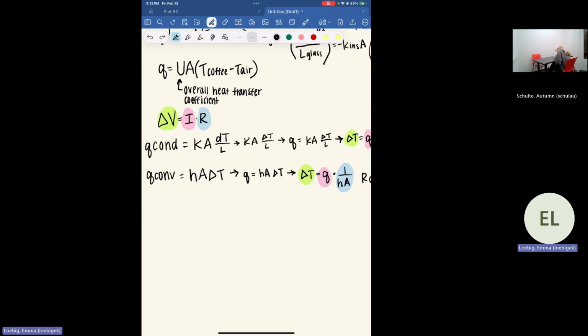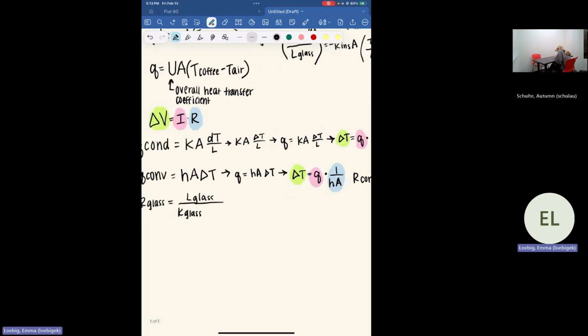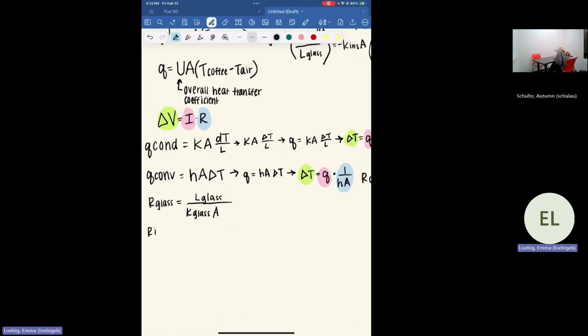So rewriting this into our terms, we can see that the resistance of the glass is equal to the thickness of the glass divided by the conductivity of the glass multiplied by the area. The same goes for insulation, as they are both experiencing conduction. Thickness of the insulation divided by the thermal conductivity of the insulation times the area.